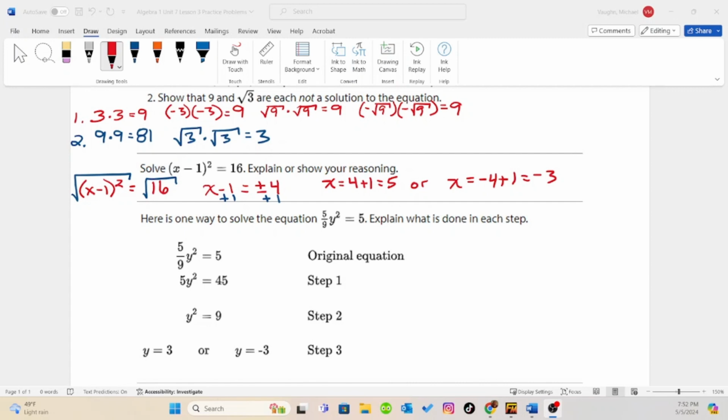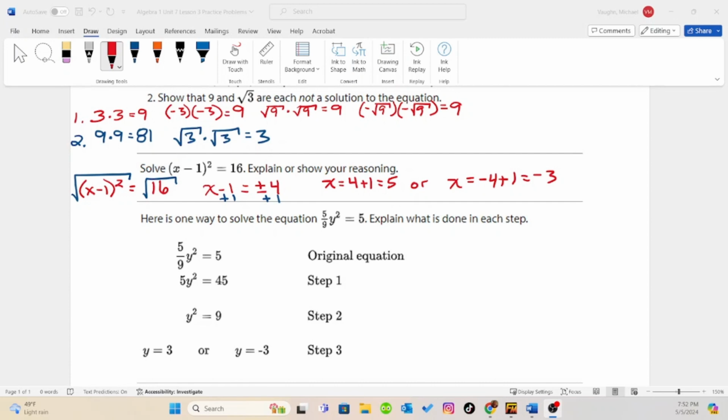Next question. Here is one way to solve the equation 5 over 9 times y squared equals 5. Explain what is done in each step. So first we have the original equation.